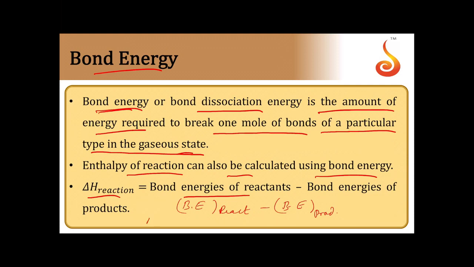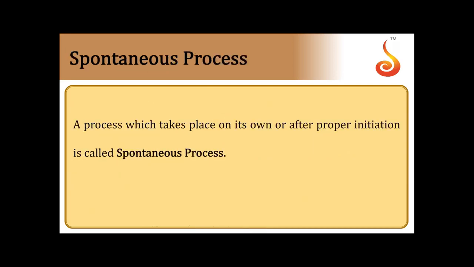The basic formula is delta H of reaction equals enthalpy of products minus enthalpy of reactants. So in terms of enthalpies, it is products minus reactants. In terms of bond energies, it is bond energies of reactants minus bond energies of products.